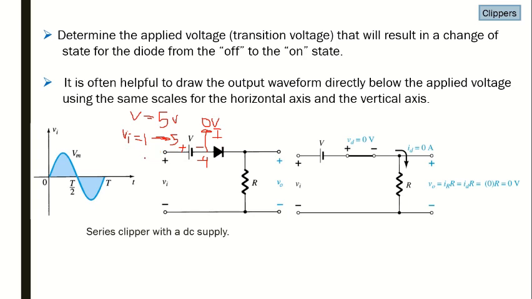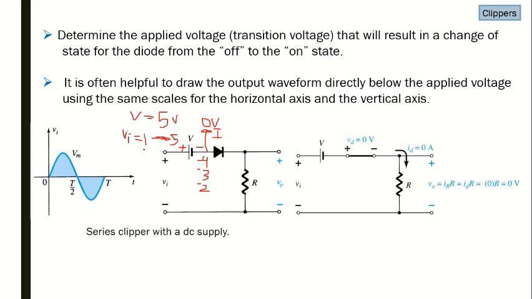When Vi is 2 volts, 2 minus 5 gives minus 3 volts, and the diode will be in its off state. When Vi is equal to 3 volts, then 3 minus 5 is minus 2 volts, and the diode is still in its off state.